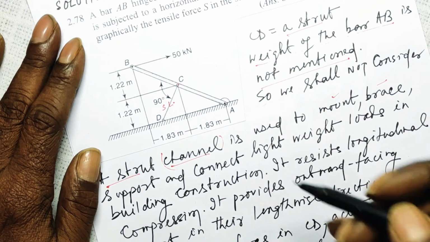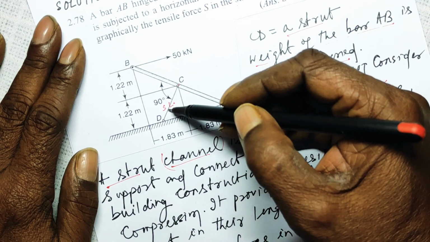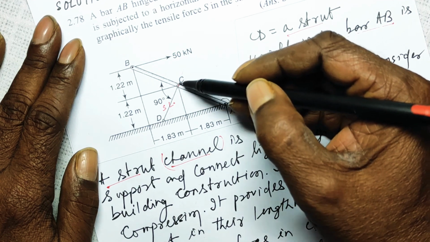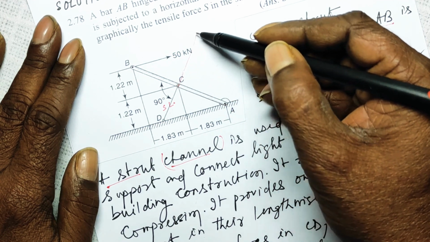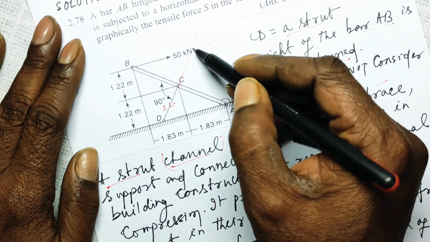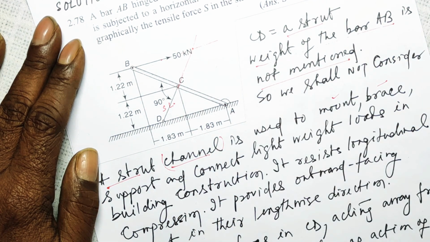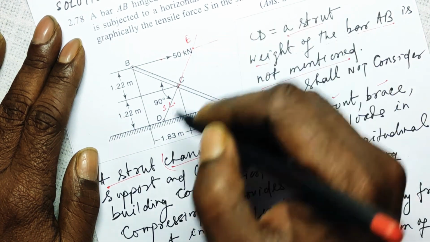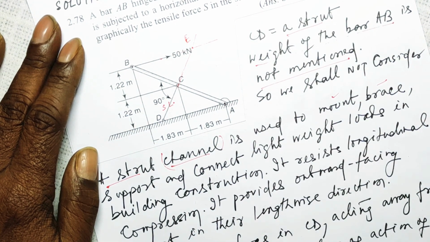Means if you extend the line of action of this axial force to this side, and the line of action of the 50 kilonewton force, they meet at this point. So let that point be E. I will be drawing a different diagram to explain it better.